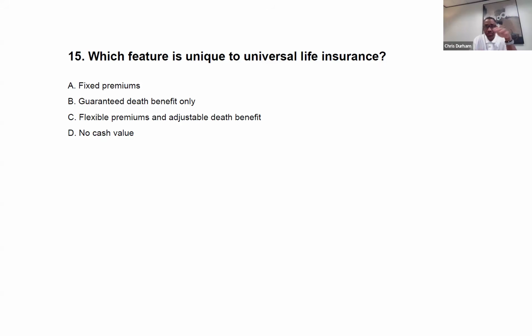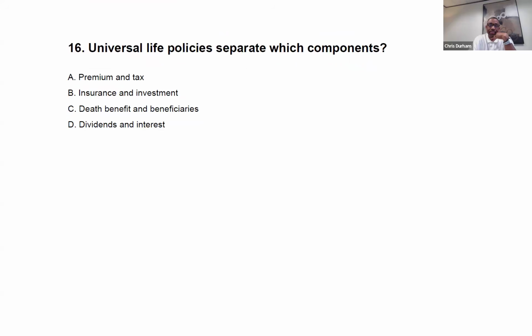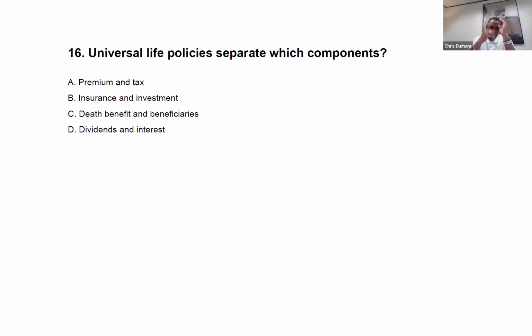That's exactly what the product is. So what feature is unique? Well, it is unique because that's the only policy that is that. Anyway, all right, Jonathan, one more. Universal life policies separate which components?